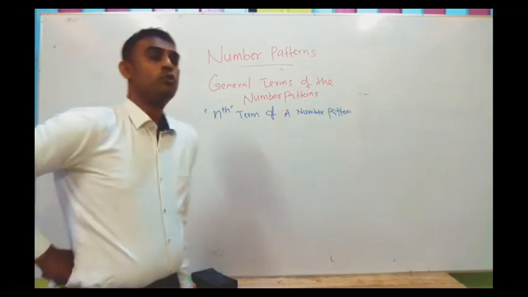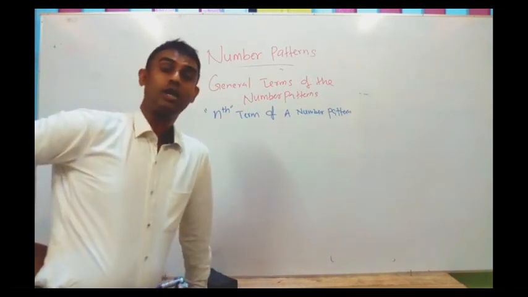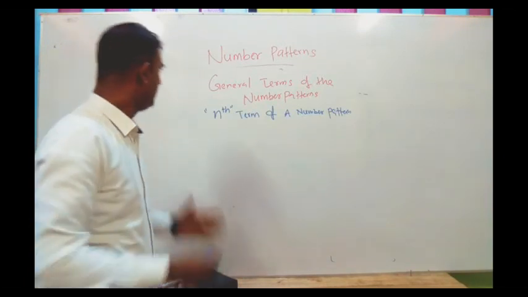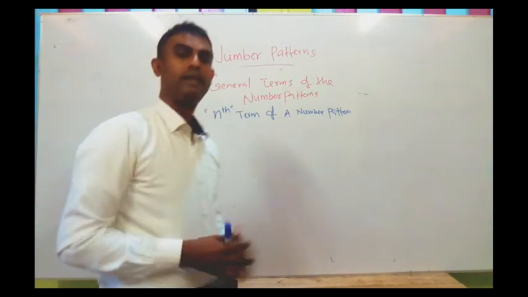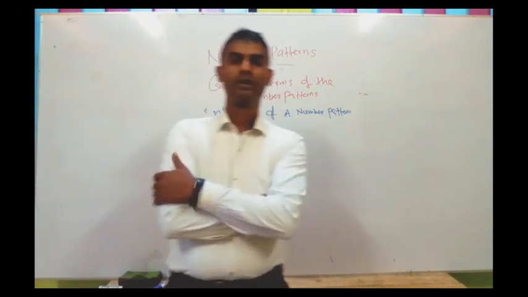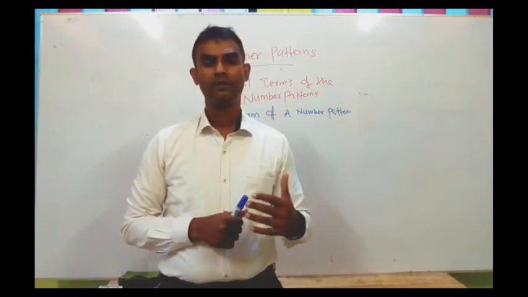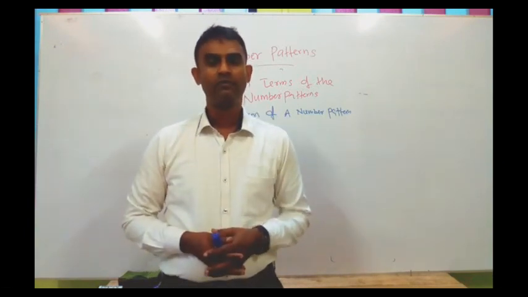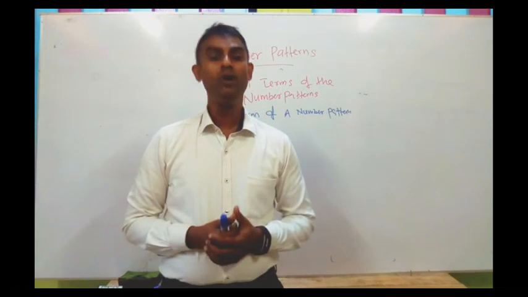Some books introduce it as the common term. The general term is the unknown term. In a number pattern, if there is an unknown term, we call that the nth term or general term.